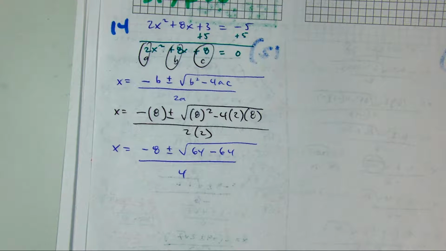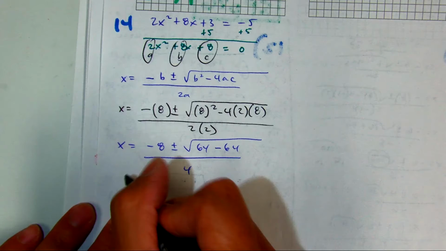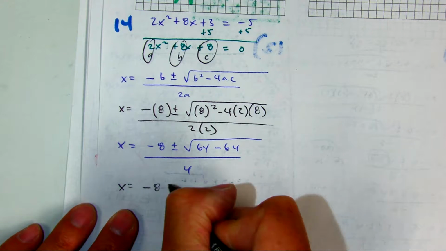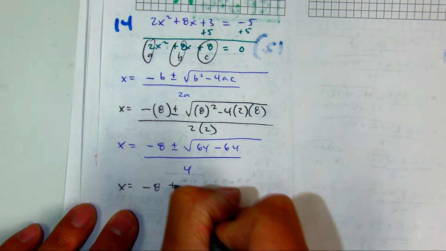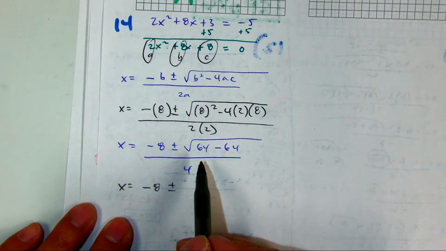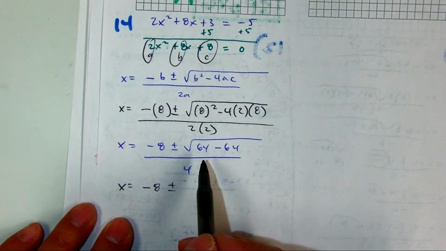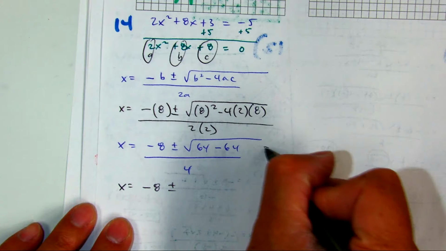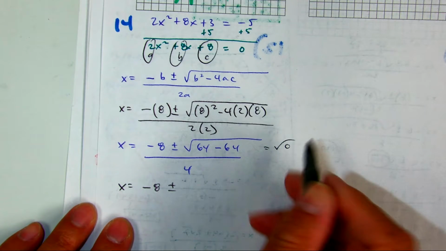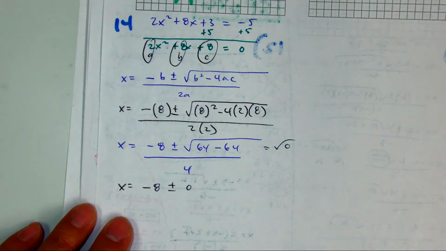Jonathan, what is the square root of 0? The square root of 0 means two identical numbers that multiply together equal 0. That is 0. You can put that in your calculator.